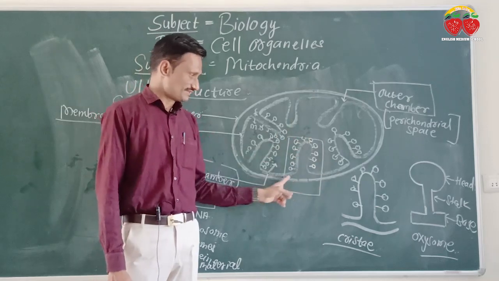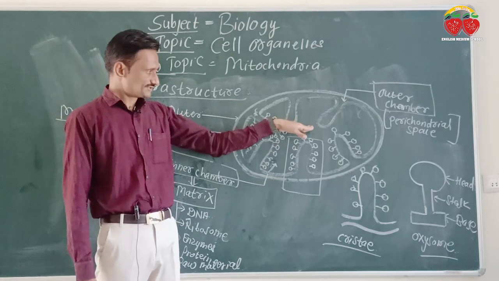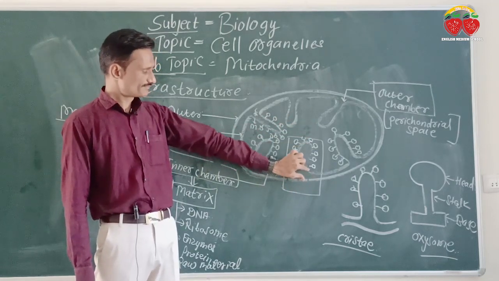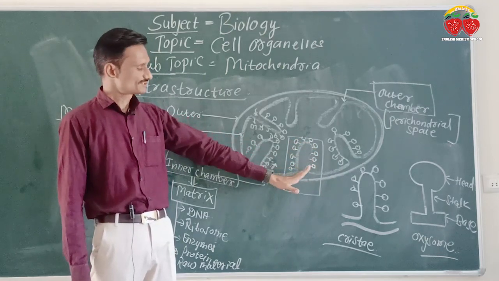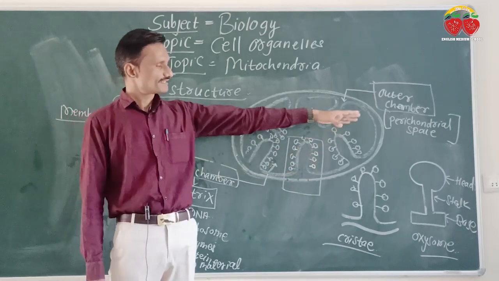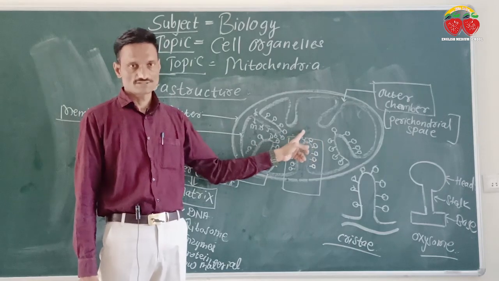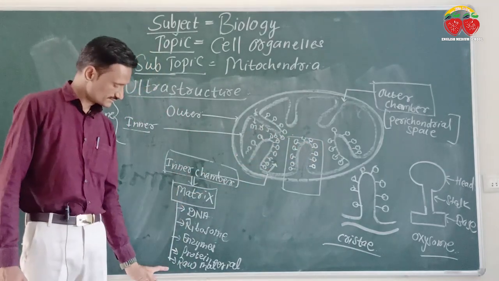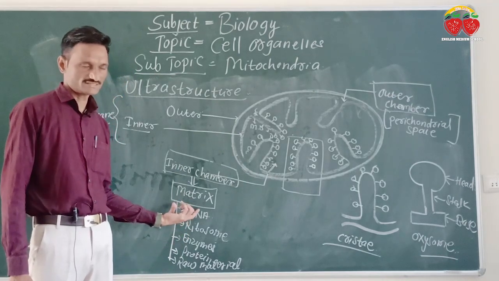Inside the inner membrane there is one chamber, and the space between the inner and outer membrane is the outer chamber. The outer chamber has fewer enzymes, while the inner chamber has maximum enzymes that contribute to the Krebs cycle, and the substance present inside the inner membrane we call the matrix.